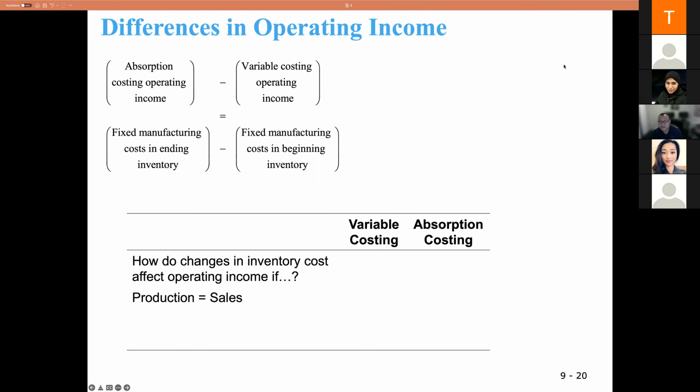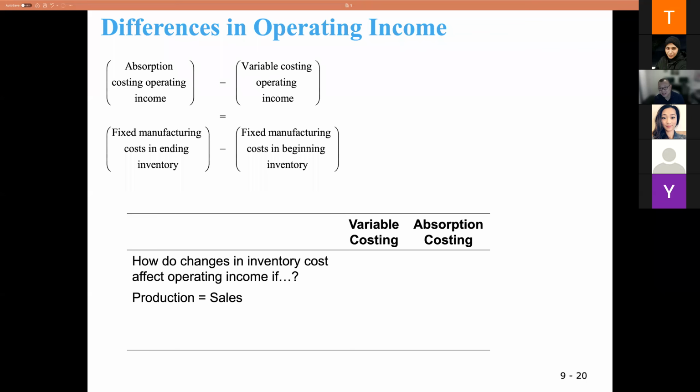Samarin? Well, I think it is because there is no difference in beginning and ending inventories. So because of that, operating income under both becomes the same. Yeah, so basically there's no change in the inventory, right?